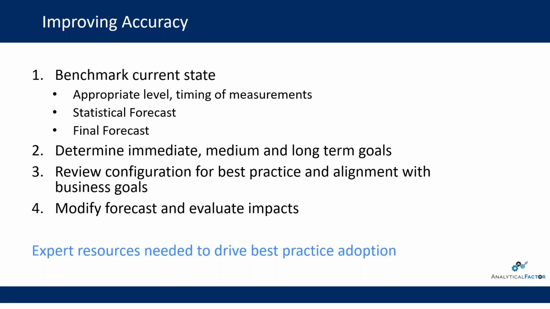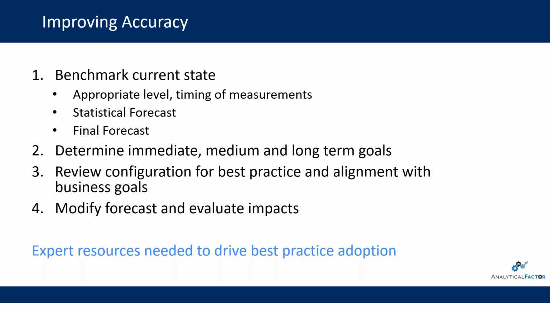So it's really important to measure both statistical forecast accuracy and final forecast. Why? Because at the end of the day, planners are busy. They've got lots and lots of things they need to take care of. You want to get to a statistical forecast that runs on autopilot for a medium to large percentage of your products, let's say 80% plus.